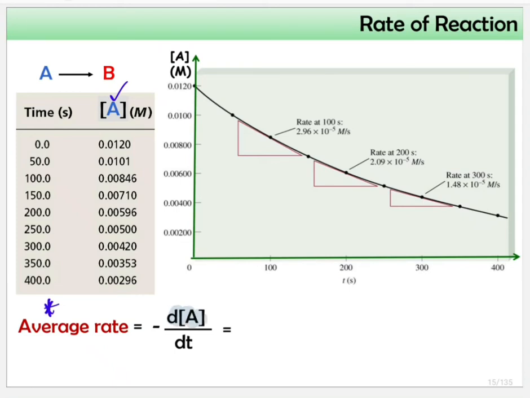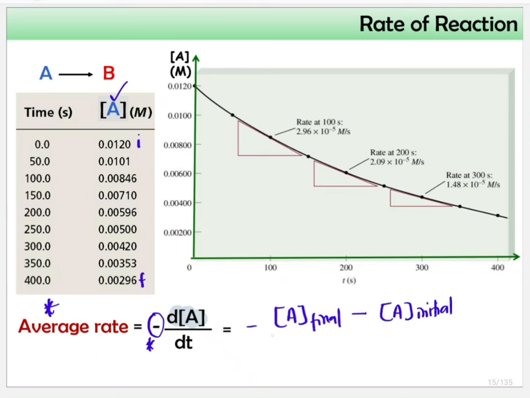Jadi, macam mana nak dapat perubahan concentration untuk A? So, daripada table, kita ada initial concentration dan final. So, kalau kita nak cari the change in concentration, simply final minus initial. Okay? Jadi, jangan lupa ada negatif. Sebab ini adalah reactant, makin lama makin berkurang. So, negatif tu kena ada. So, negative concentration of A final minus concentration of A initial.